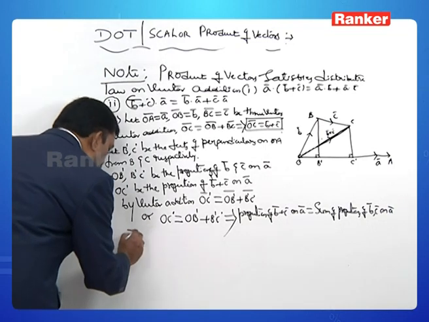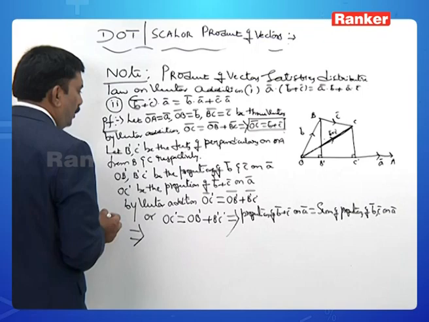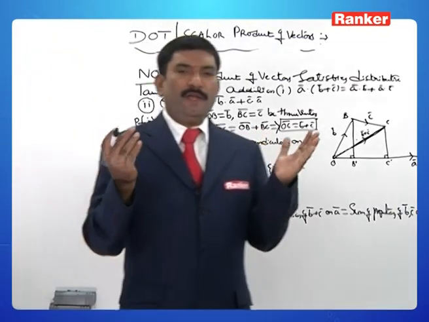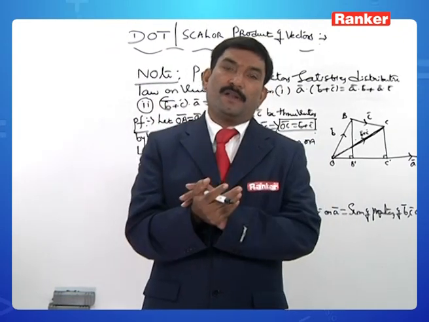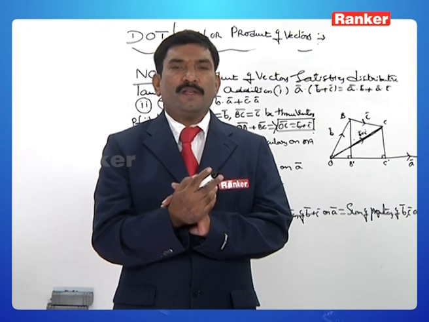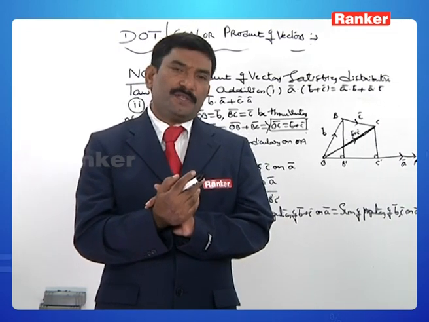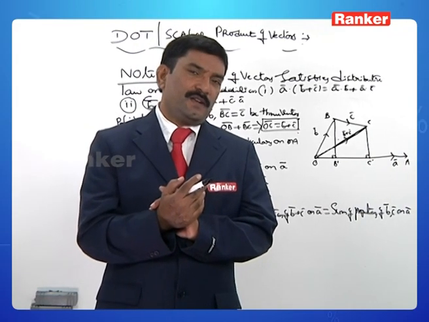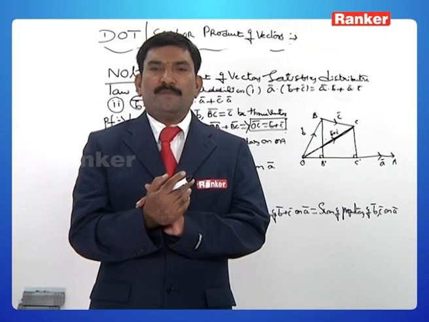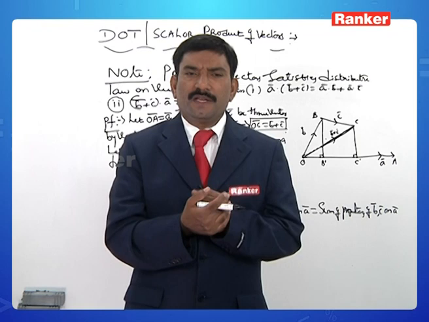As I told earlier, the projection of A bar on B bar is A bar dot B bar by modulus of B bar, or the projection of B bar on A bar is A bar dot B bar by modulus of A bar. A dot B is equal to B dot A. Wherever you want, you can take it.